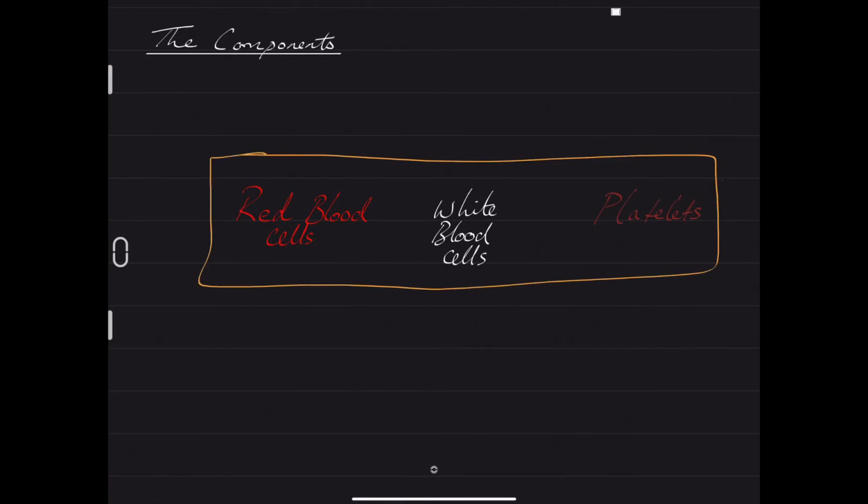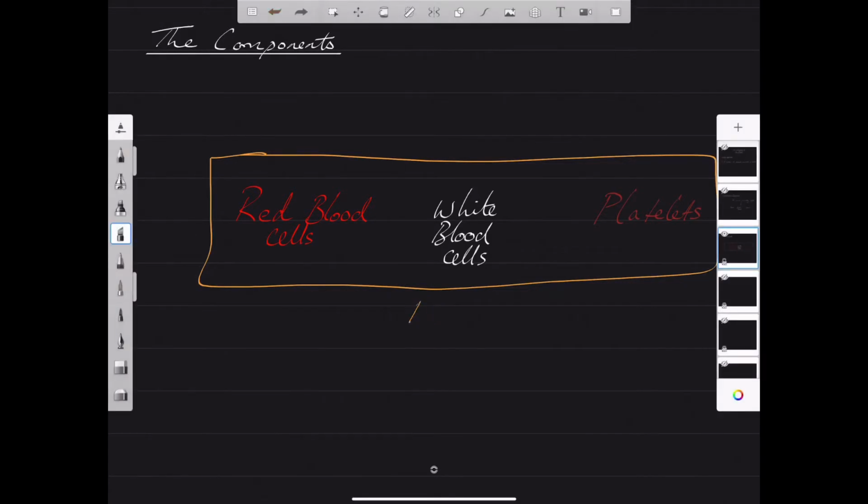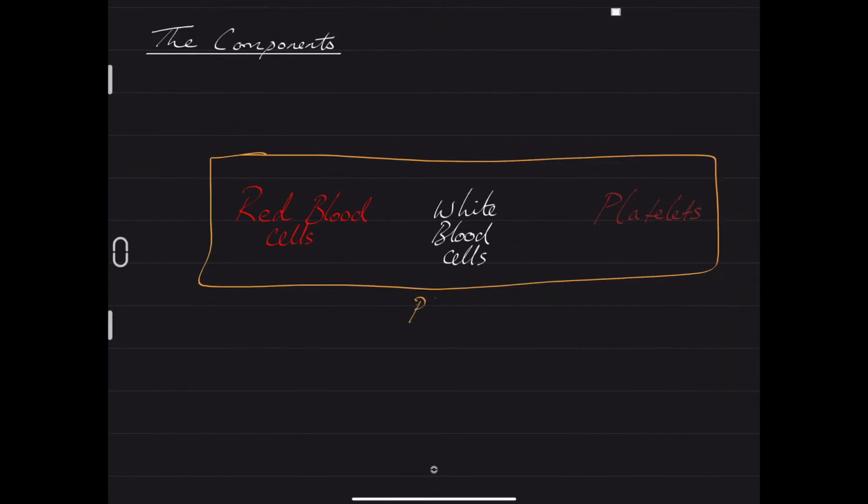And this plasma is a yellow liquid. So all of these 3 components are transported in a medium known as, instead of saying blood plasma, we'll just call it plasma for now. Okay, so this is our 4th component.